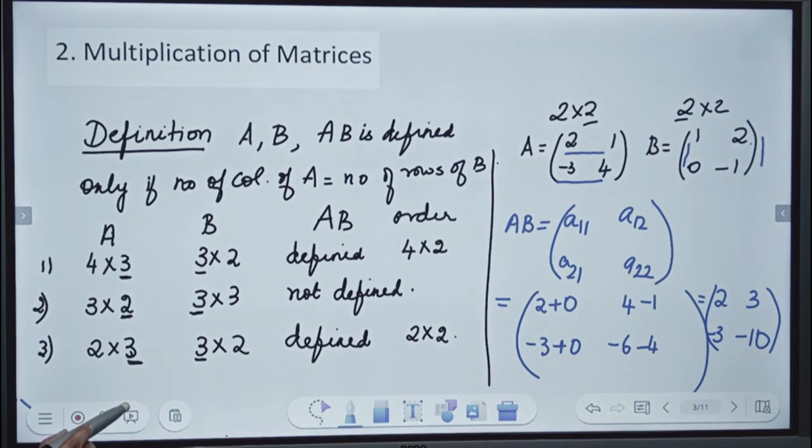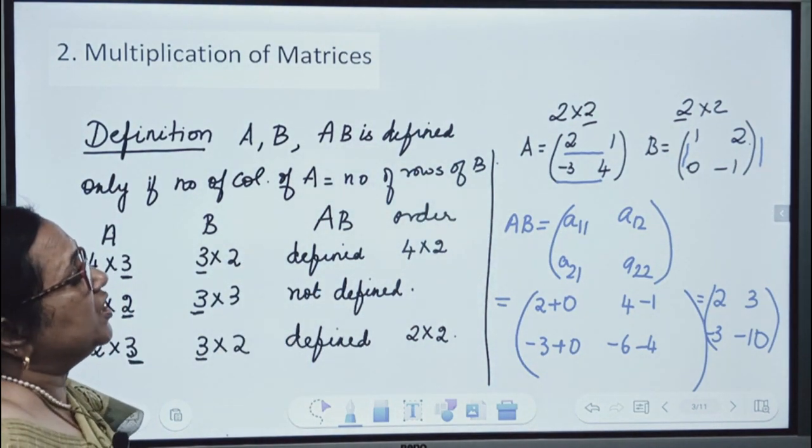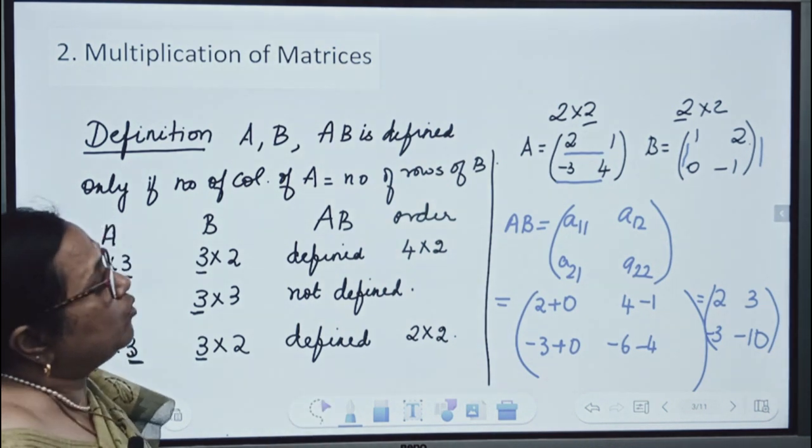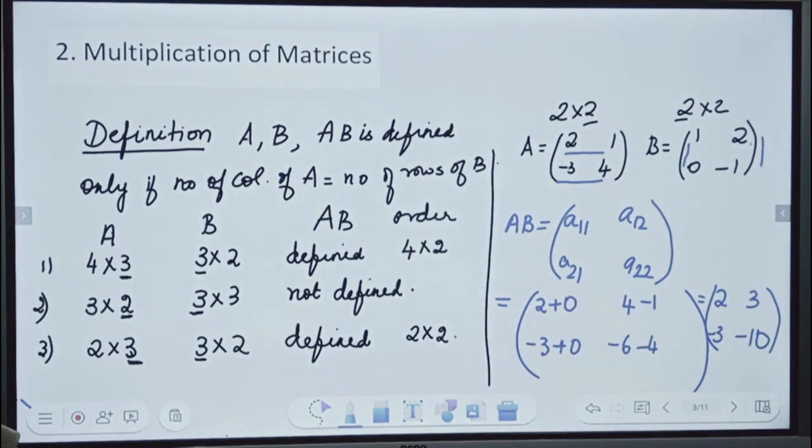So multiply term by term and add. So 2 into 1 plus 1 into 0. Then A12 will be first row, second column. So 2 into 2, 4 plus 1 into minus 1, which will be 3. A21 will be second row, first column, so minus 3 plus 0. Then A22 will be second row, second column, minus 6 plus 3. Minus 6, minus 4, which is minus 10. Are you able to understand how to multiply?